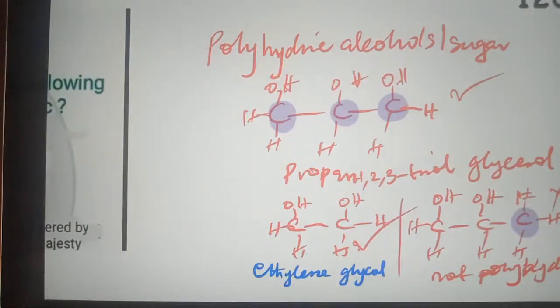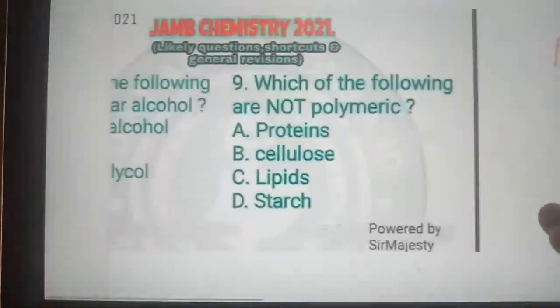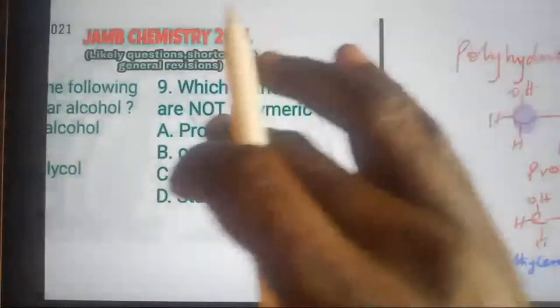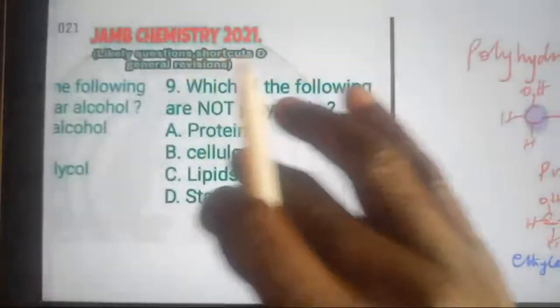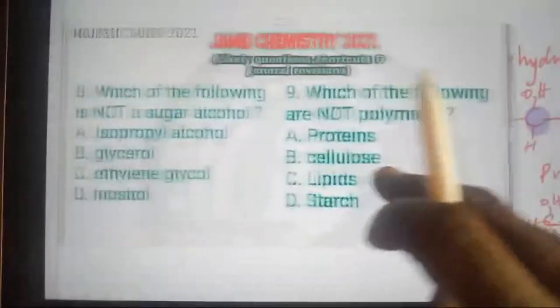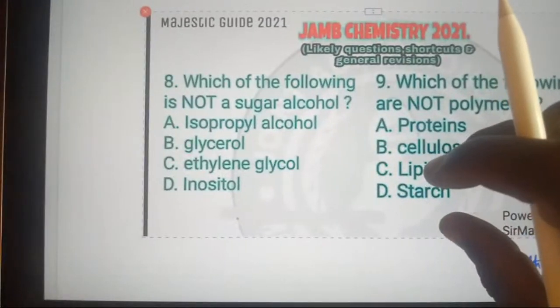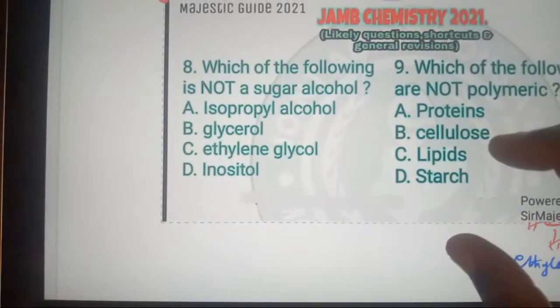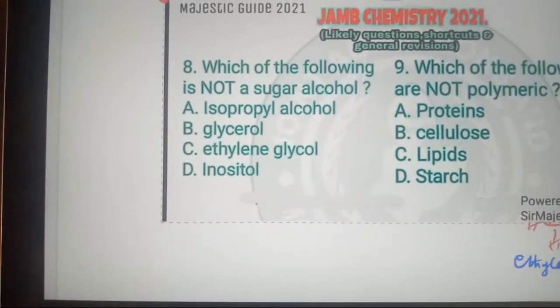Now, checking the options, watch well. Option A says isopropyl alcohol. Do you know what isopropyl alcohol means? IPA, the IUPAC name is 2-methylpropanol.